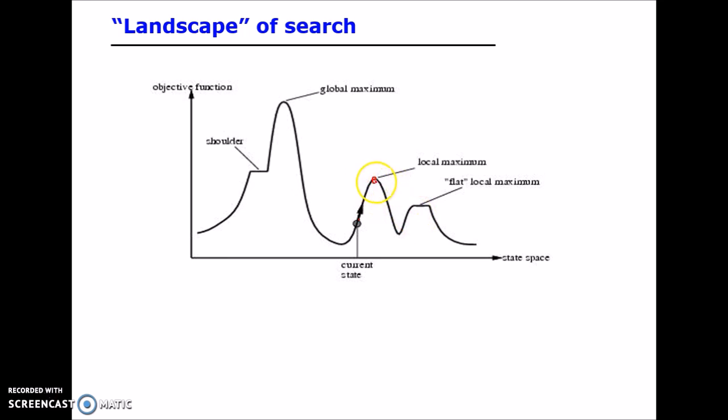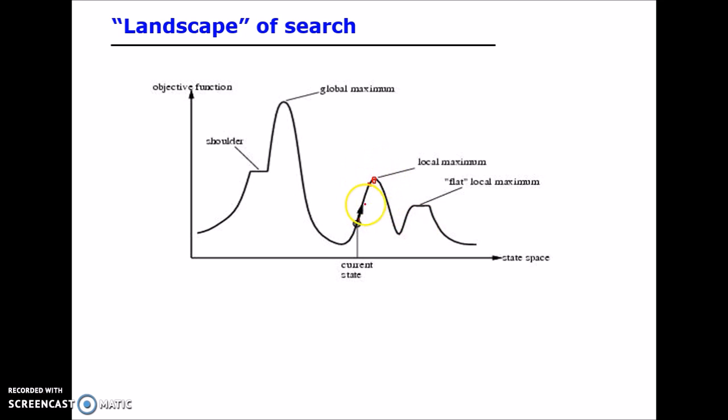Okay. Now when we reach this point, we will check with its neighbors, which is this one. And then we will see that the value of the objective function here is less than the current state. So what will we do? We will reject this value. We will look for another neighbor. Suppose we look for this neighbor here.